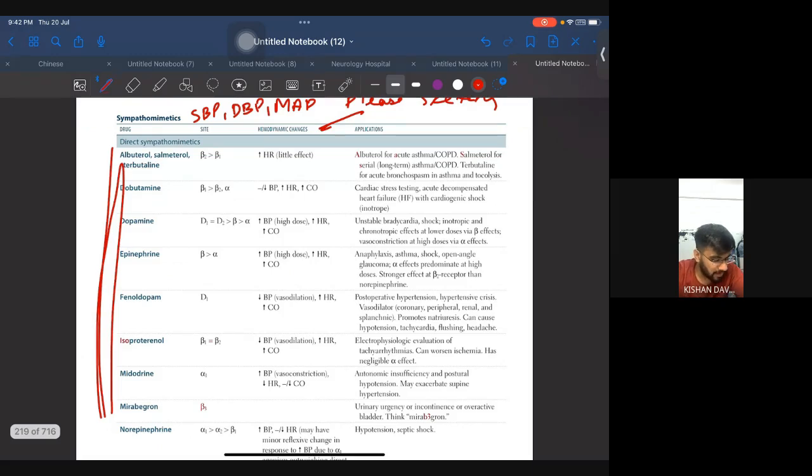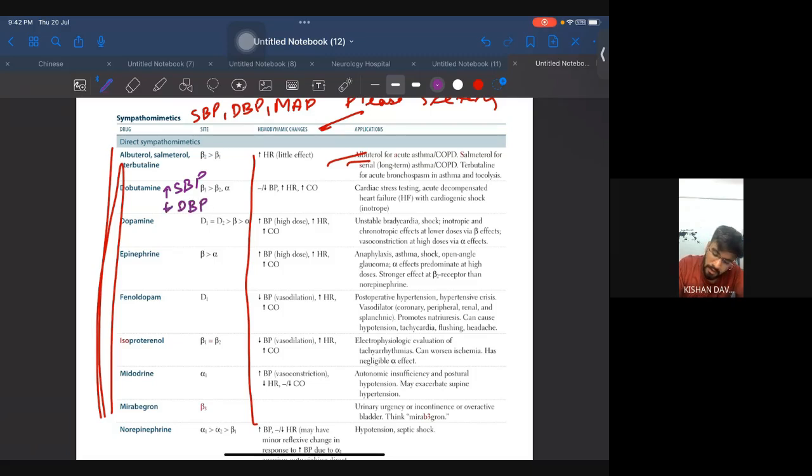Remember the applications, and along with this, I will add a few important parameters that you need to remember. If the question is about dobutamine, it will increase SBP, systolic blood pressure. It will decrease DBP, diastolic blood pressure. Increase in pulse pressure, decrease in systemic venous resistance.